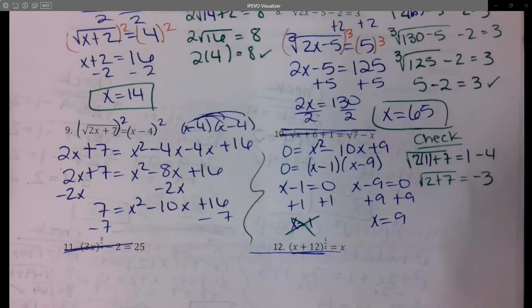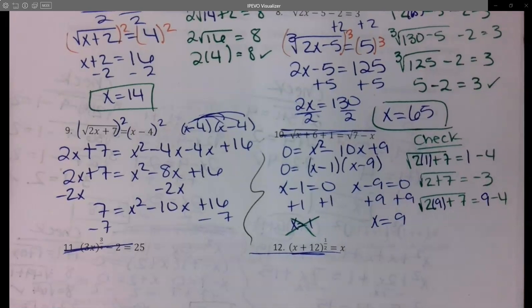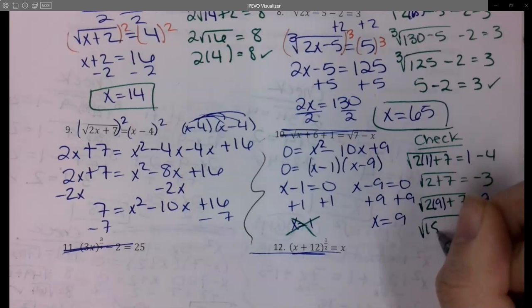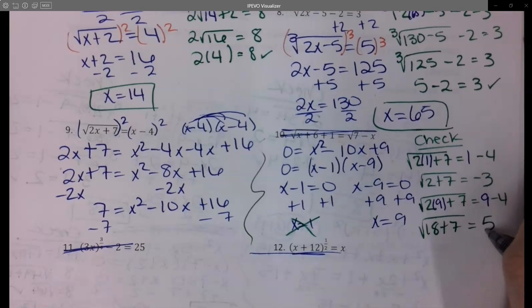Then I want to go ahead and do the same thing for 9. 2 times 9 is 18. 9 minus 4 is 5.